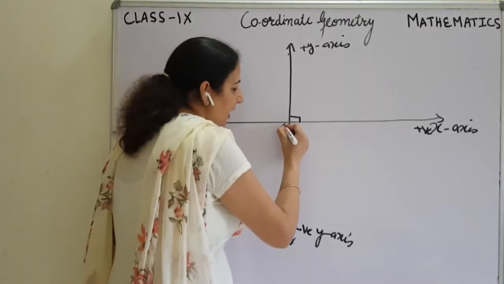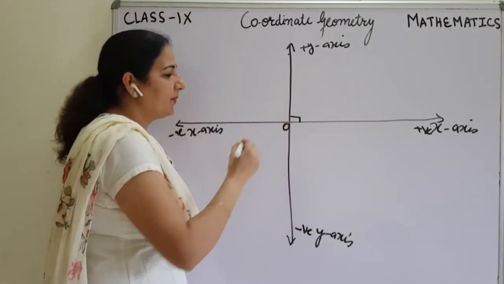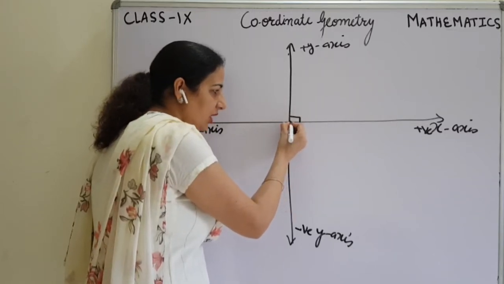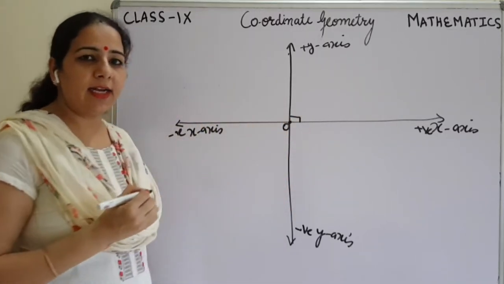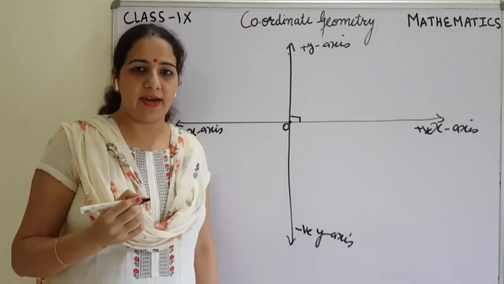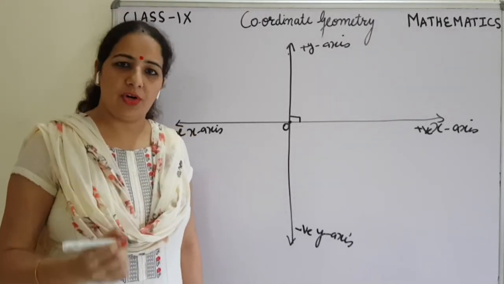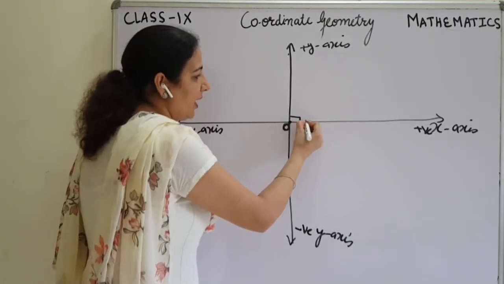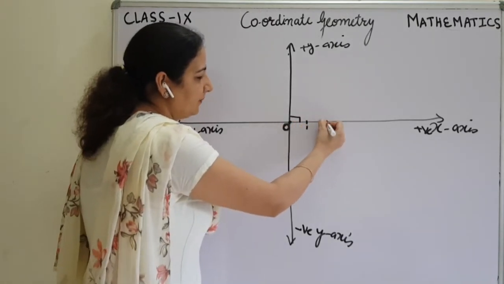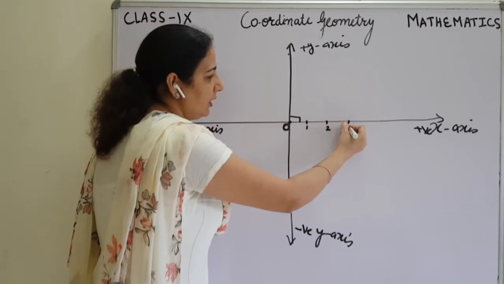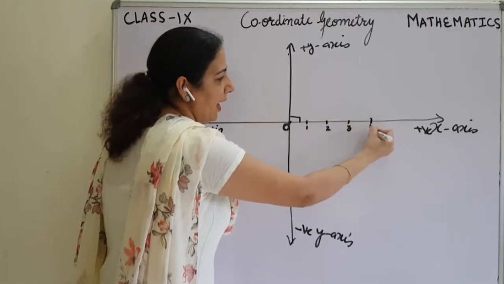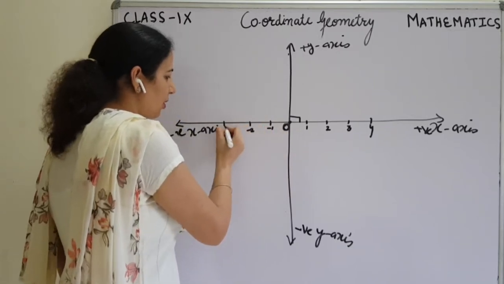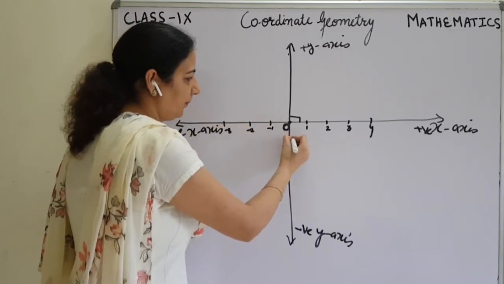Next, these two lines intersect at the origin. The intersecting point of the x-axis and y-axis is known as the origin, and the point is 0 here. And the next is 1, 2, 3, 4 and so on, and minus 1, minus 2, minus 3 and so on.